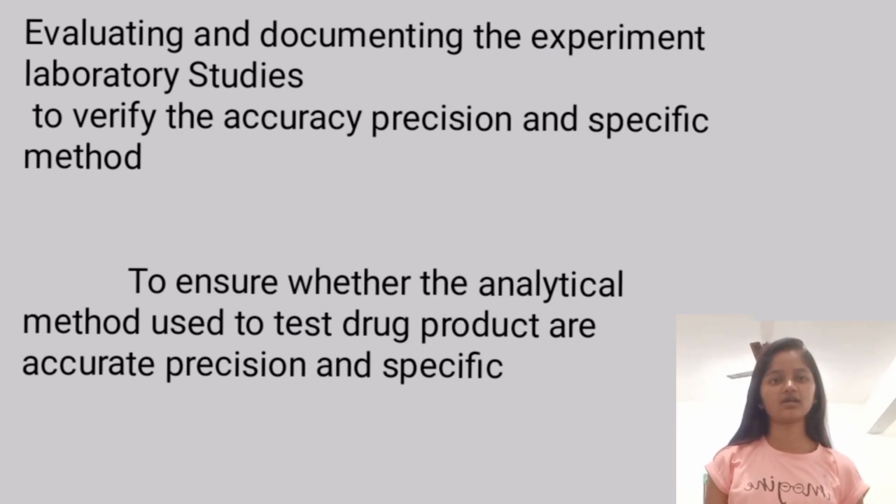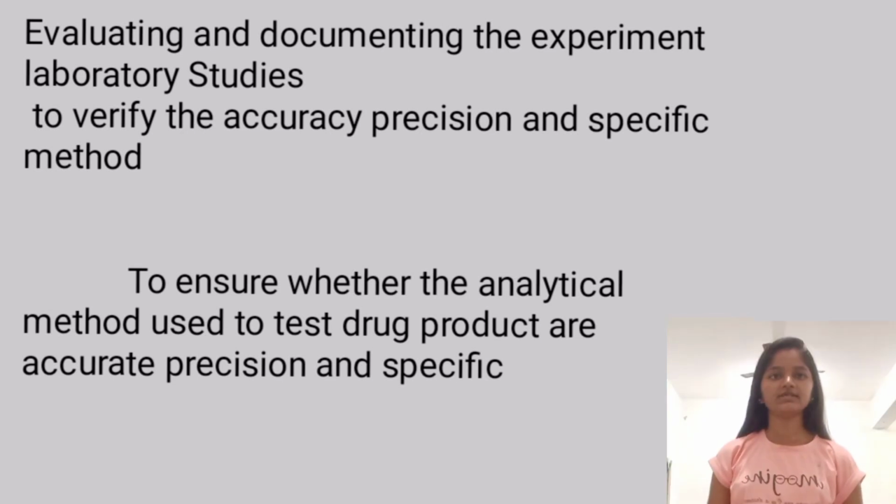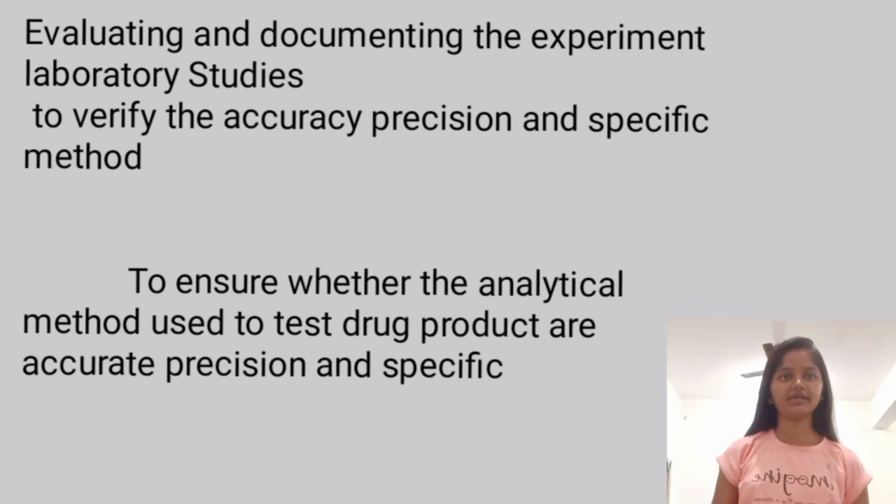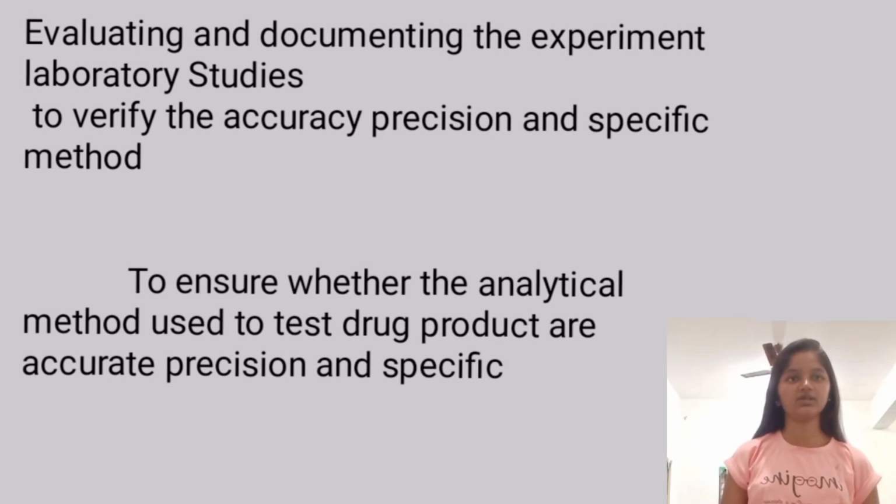Or if in case an analyst at another location of the QC lab is testing the assay of paracetamol, then analyst B also gets the same result, that is 99% or closer result, when using the same method under the same conditions. It is important for multiple quality control laboratories within the organization to have consistent and reliable result for the same drug using the same method.